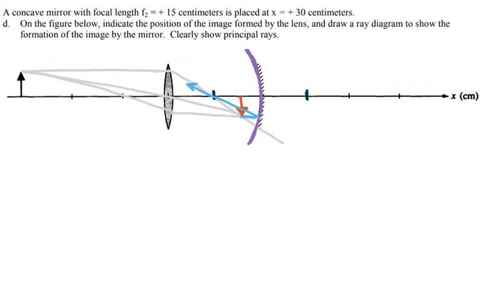The ray that goes through the center of curvature of the mirror, here is the center of curvature, let me put a red dot right there, does not bend or refract, so it would reflect back in the same direction, along this line.